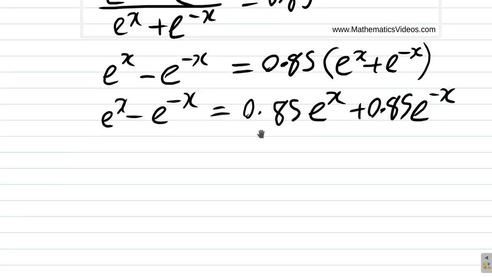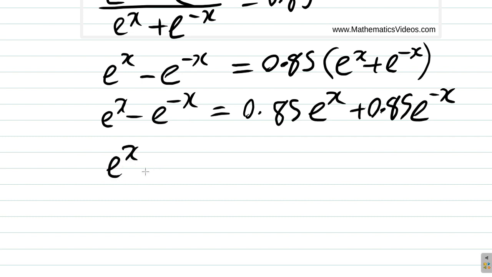All right, so let me see now. Let's rewrite the e to the negative x as 1 divided by e to the positive x.